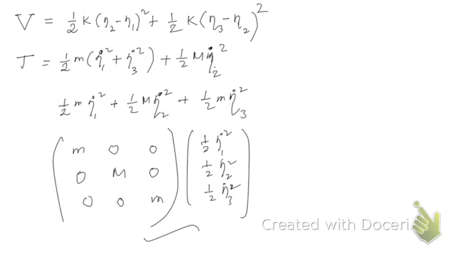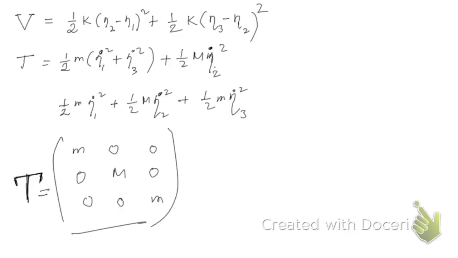If you multiply again, row and column like this, I hope you know that matrix multiplication, then you're going to get this again. So this matrix will be taken as capital, let me make it bold, T. This is obtained from kinetic energy. This matrix only, we are not going to take this other part, only this part.